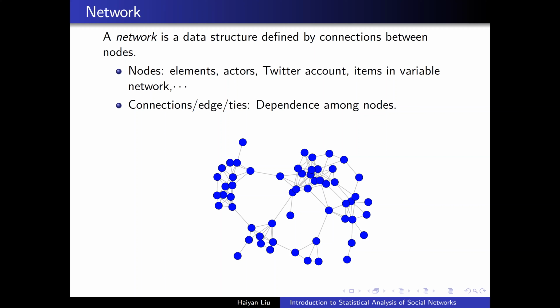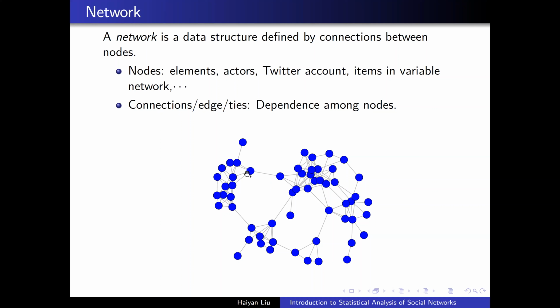And it could also be an item in a variable network. For instance, we could have instrument or survey to measure the personality, right? So therefore, each bubble could represent an item for personality.